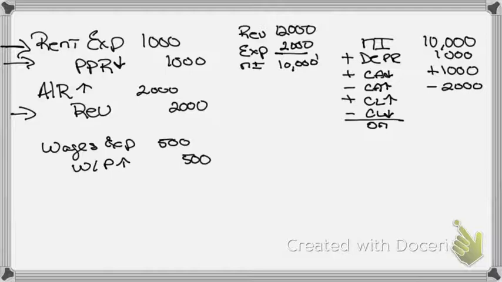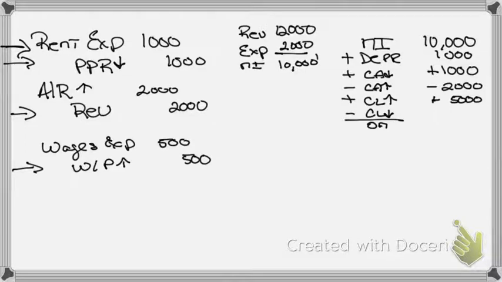So therefore our liability went up. So we need to add that back in because we didn't spend cash, but yet we took it out by adding it to expenses like we did. And that's because of the wages payable.